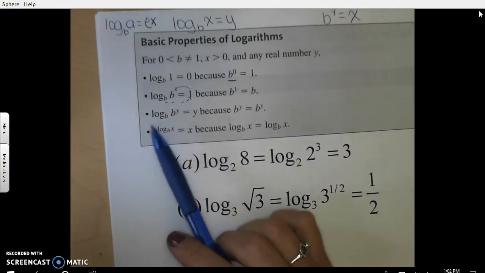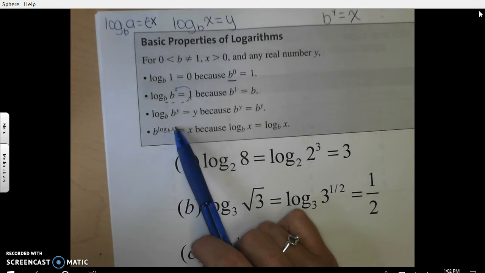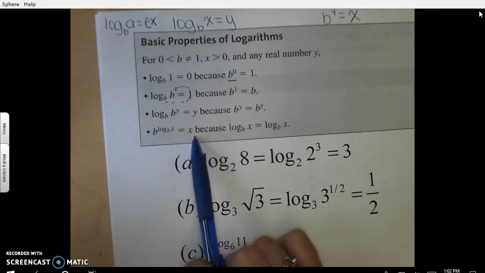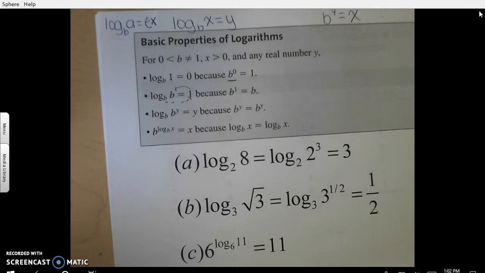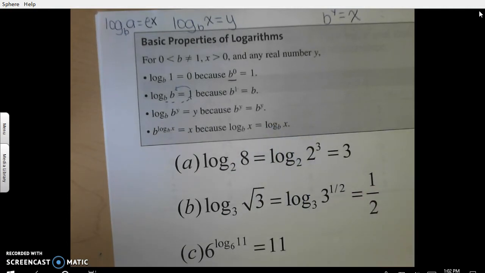Then b to the exponent of log base b of x is equal to x, because exponents undo logs. And log base b of b to the x is equal to x.